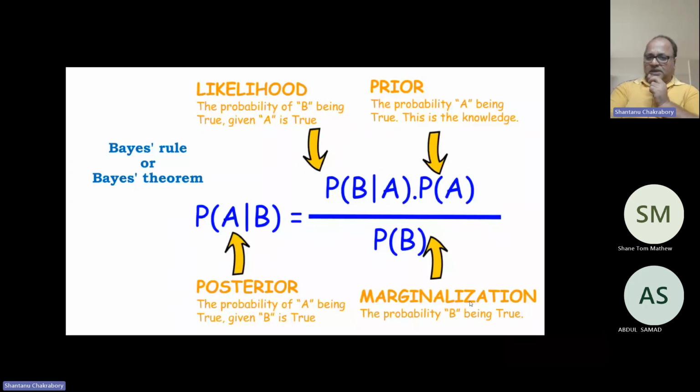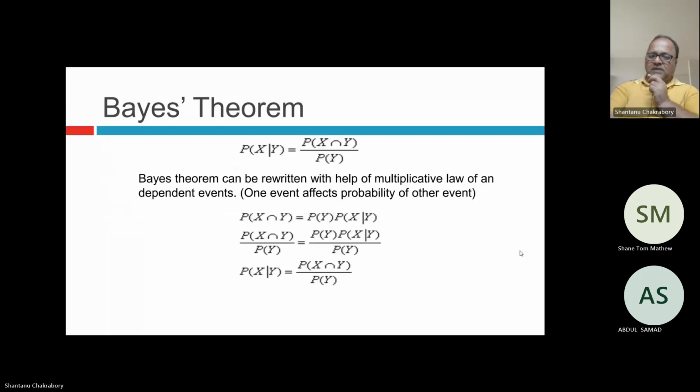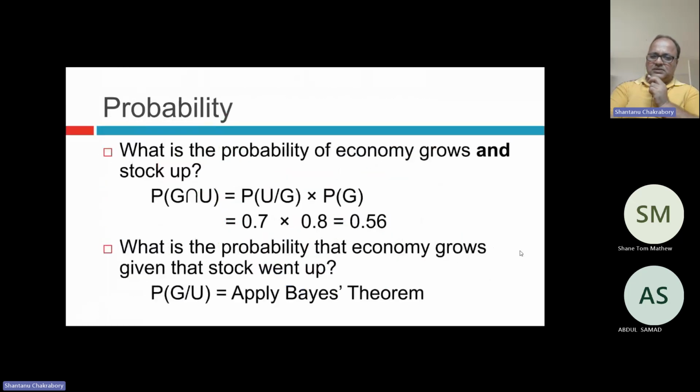We take the likelihood of the probability, the posterior probability, and the marginalization of the probability, right? And we use cause and effect. Cause and effect means we take one event and ask what the consequences will be when the other event holds true. And then we calculate these things.